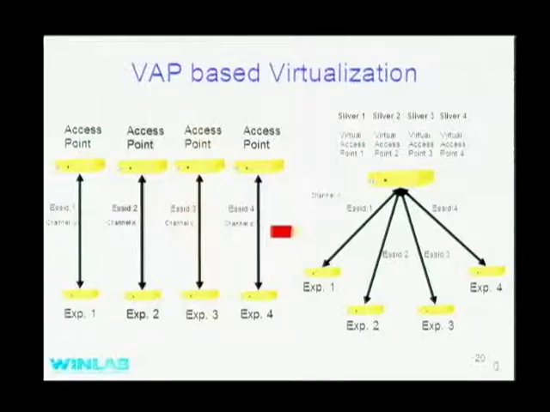So this is an FDMA virtualization where I put 4 different individual experiments on 4 orthogonal channels. That maps onto a virtual access point by mapping each experiment to a different ESS ID, and then they actually share the same channel. So VAP, virtual access point based virtualization, provides channel conservation as well as you save on a node.